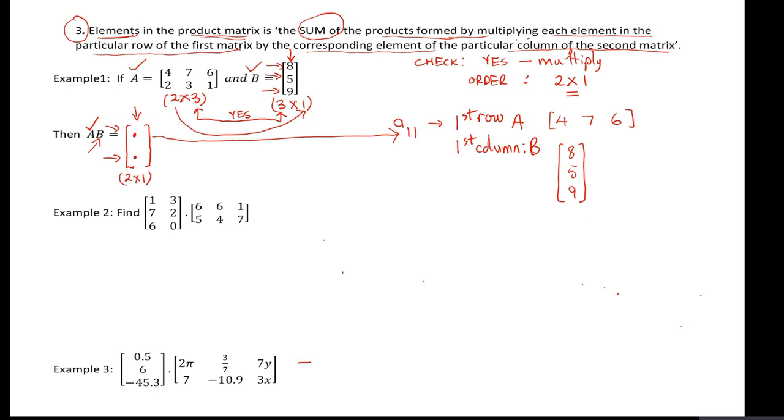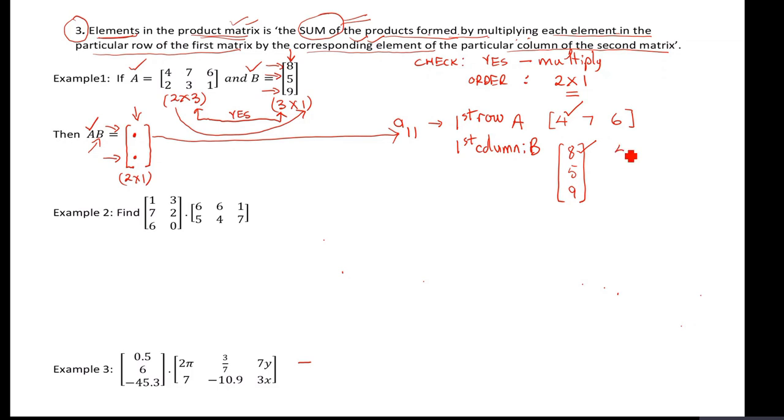So what do I do with that? Look at number 3, elements in the product matrix: the sum of the products formed by multiplying each element in the particular row by the corresponding element. In other words, I now take the first entry of the first row multiplied by the first entry of the first column.